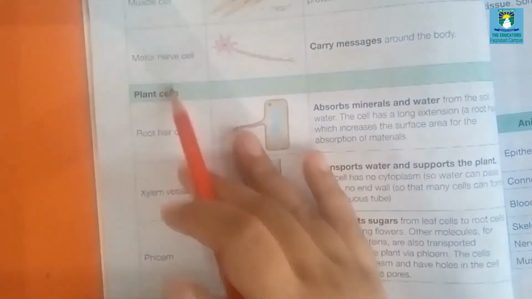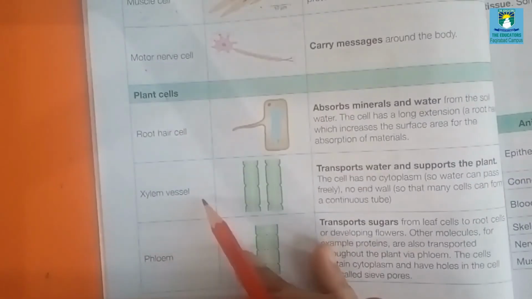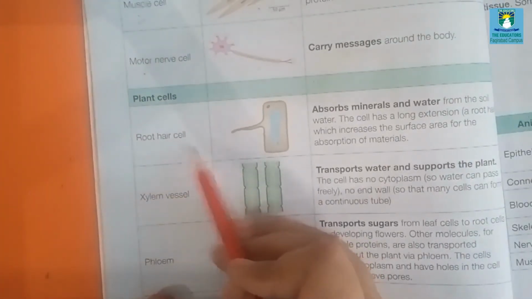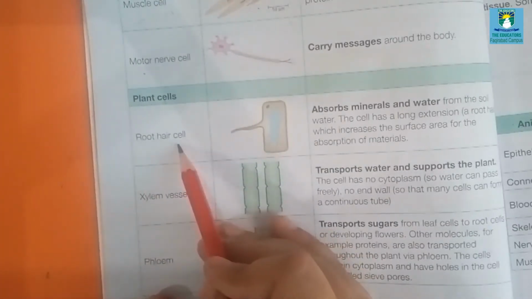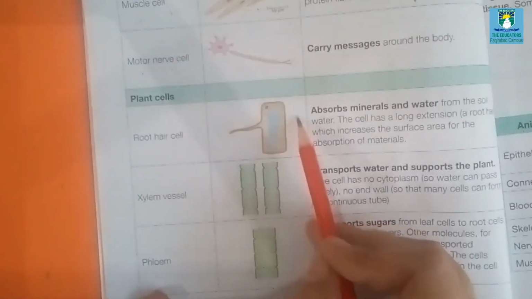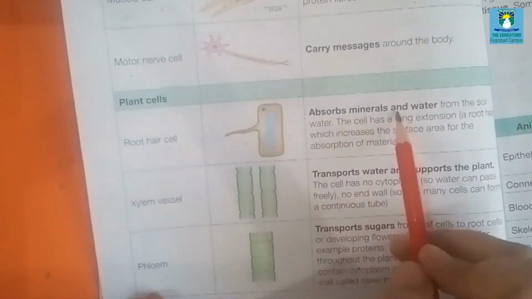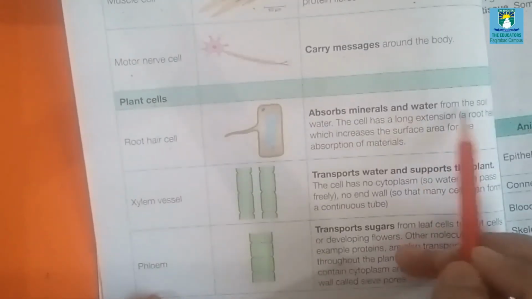Next is plant cells. Now plant cells contain root hair cell, xylem vessel and phloem. Root hair cell, the name indicates that it's present in roots. The diagram of root hair cell is just like this. It absorbs minerals and water from the soil.